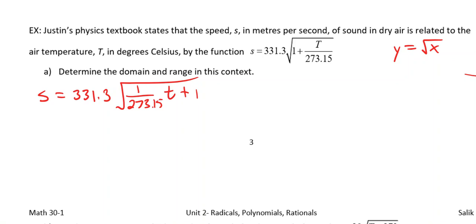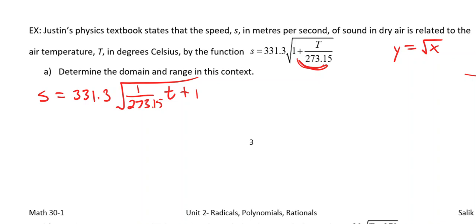Is everybody okay with that move? All I did was rewrite this part of it a little differently so that I can see what's happening. I'm not actually seeing my b value yet, but I kind of know what's happening here a bit more. It's looking like what we had going on before.